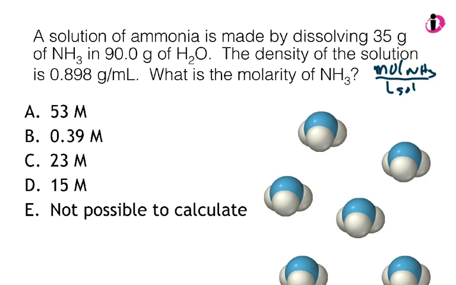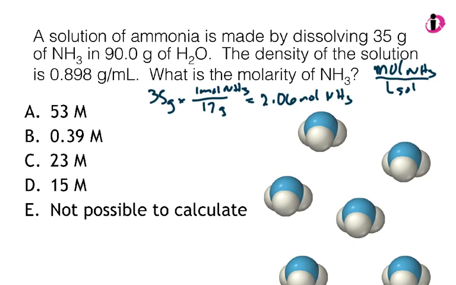So to find our moles of ammonia, we're going to take our 35 grams. 1 mole of ammonia is roughly 17 grams. And so we have 2.06 moles of ammonia.